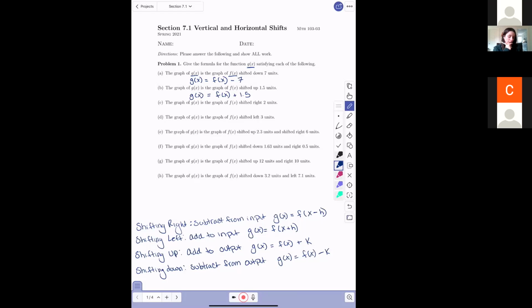The graph of g of x is the graph of f of x shifted to the right 2 units. So now we're getting into territory where we have to be careful. We have left and right being mixed in. So remember, left and right, we add or subtract to the input. So we'll have g of x is equal to f of x. We're shifting to the right, so that tells me to subtract: minus 2, close parentheses.